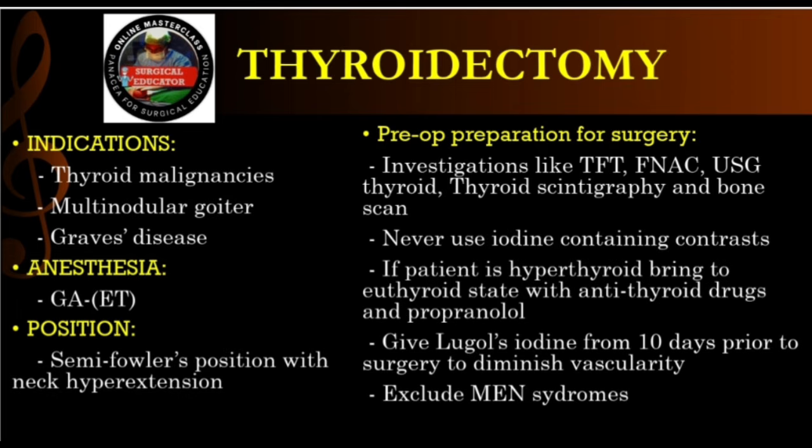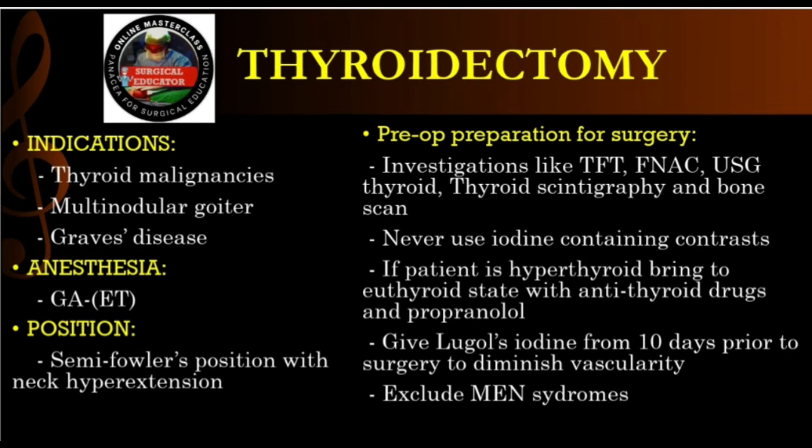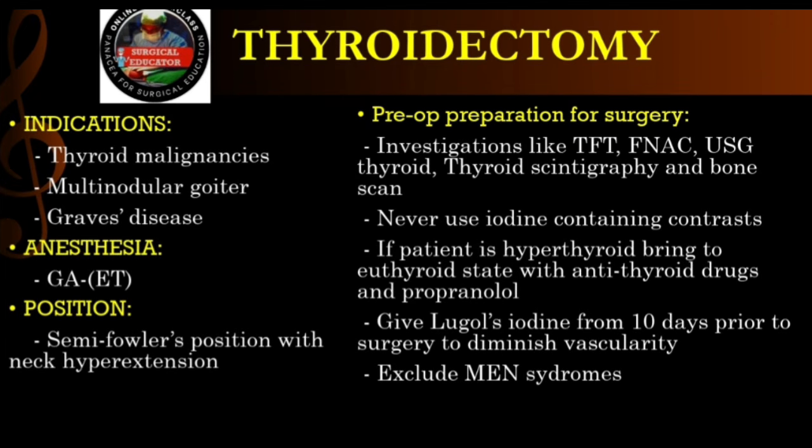So you take this beefy, engorged, bleeding Graves's gland, the friable sponge, and over those 10 days, the Wolff-Chaikoff effect transforms the tissue. It becomes firm, pale, and drastically less vascular. You turn a nightmare, bloody mess into a solid, manageable organ that you can safely dissect and ligate. Pharmacology, directly dictating surgical anatomy. That's just brilliant.